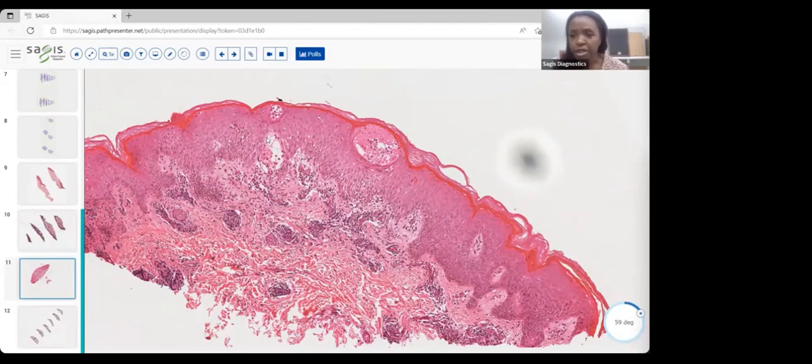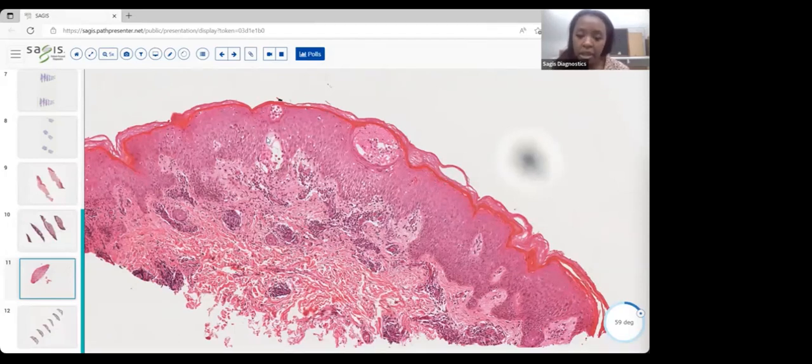HBV was really the first that was described, but it's been described in many since then, including COVID, right? And so again, it's just a really non-specific spongiotic pattern with intraepidermal vesicles in the setting of a systemic viral infection.